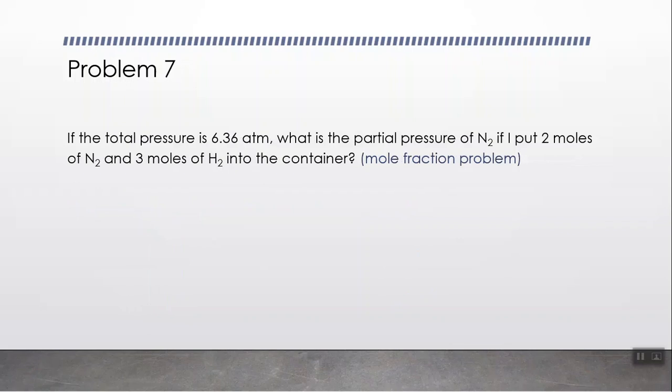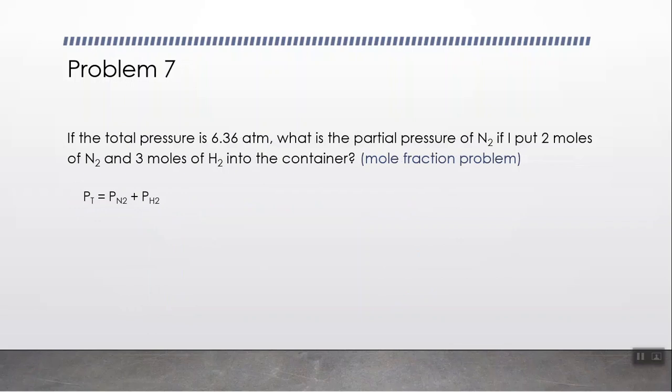Problem 7 states that if the total pressure is 6.36 atmospheres, what is the partial pressure of nitrogen if I put 2 moles of nitrogen and 3 moles of hydrogen into the container? Here, again, we have two gases, nitrogen gas and hydrogen gas.